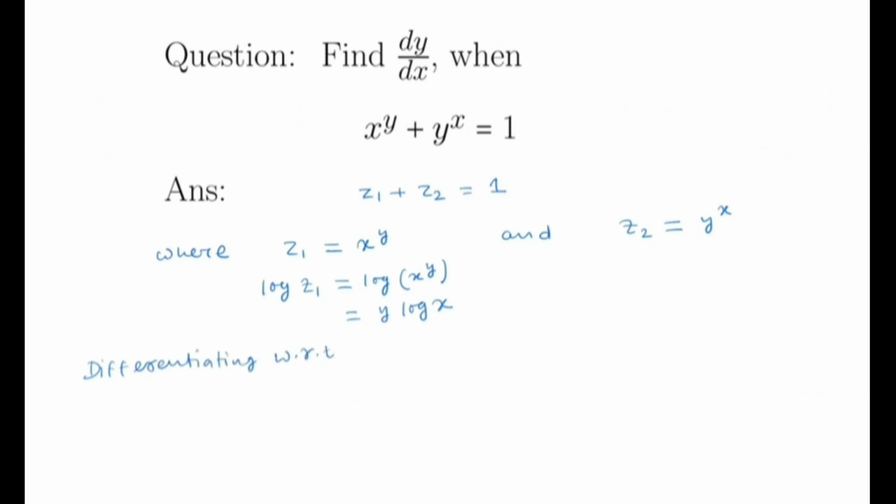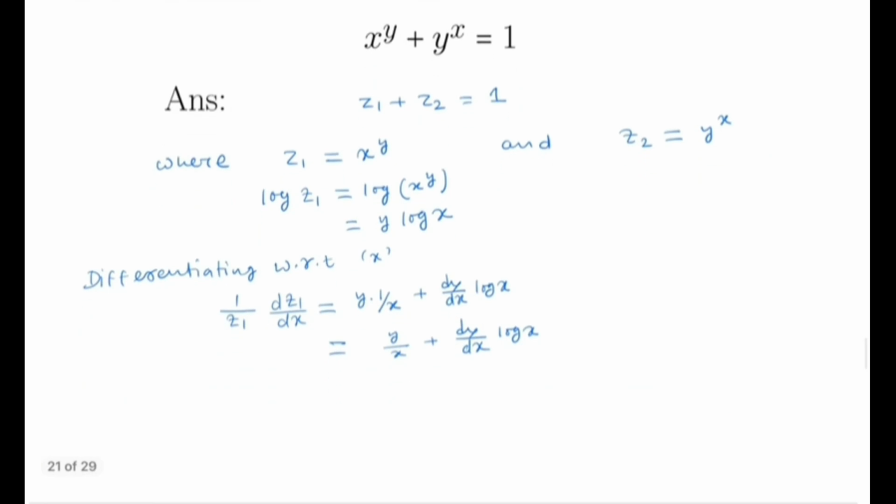with respect to x, we get 1/z1 dz1/dx is equal to y into the derivative of log x, which is 1/x, plus the derivative of y, which is dy/dx, times log x. So it is y/x + (dy/dx) log x.